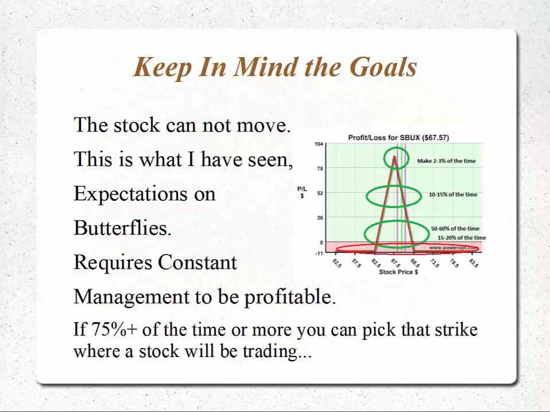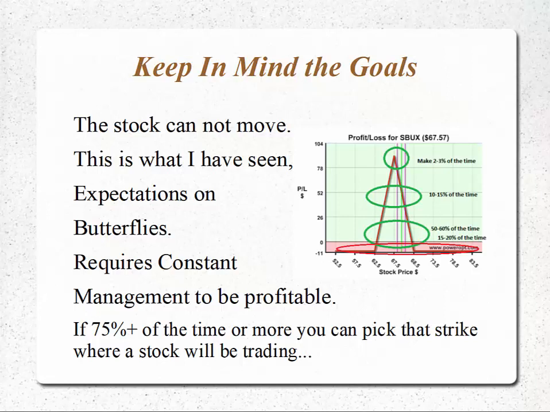This structure means the stock cannot move. We want it to be trading right at 67.50 or maybe plus or minus 0.5% from our sold call strike prices. Over the years, this is what I've seen as far as the expectations on butterflies.